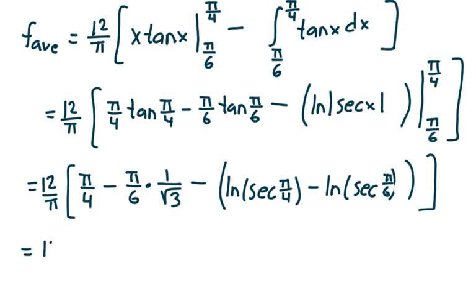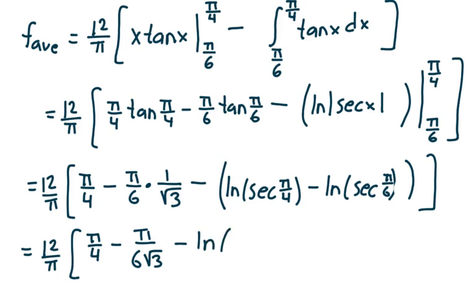Now, this is 12 over pi times. I'm going to get pi over 4 minus pi over 6 times the square root of 3 minus natural log of, now, secant of pi over 4 is square root of 2. So I'm just going to put square root of 2 here, okay? Then I'm going to go plus, and again, that's because a negative times a negative is a positive, right?